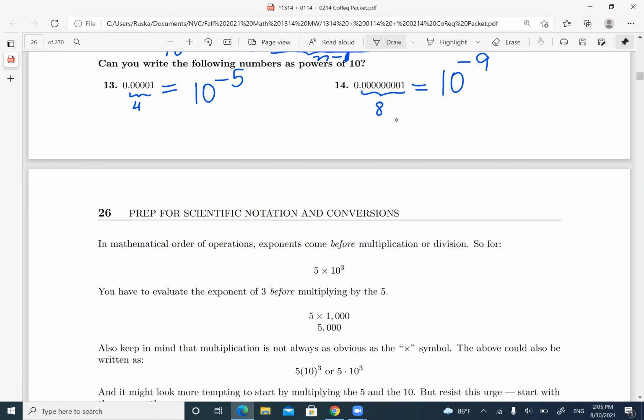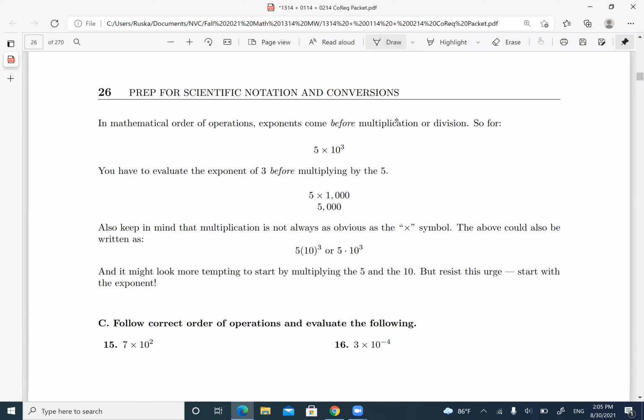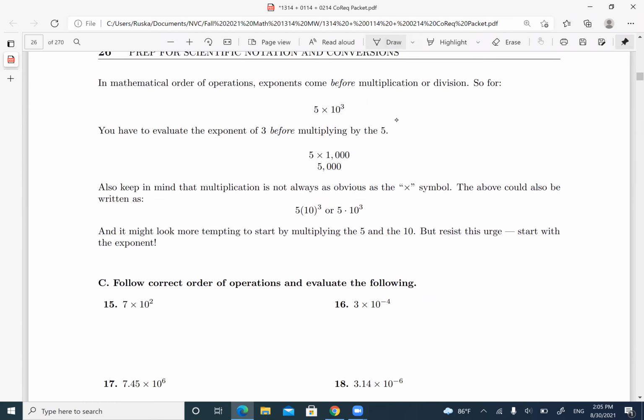No? Everybody good? Okay. Then you're going to go to page 26. In math, order of operations, exponents come before multiplying or division, right? So if I have to do 5 times 10 cubed, that means you have to do the exponent first, cube first, before multiplying by 5.